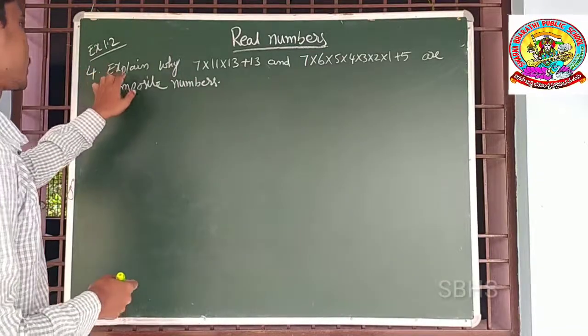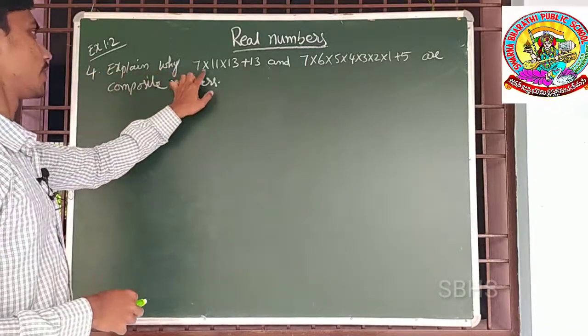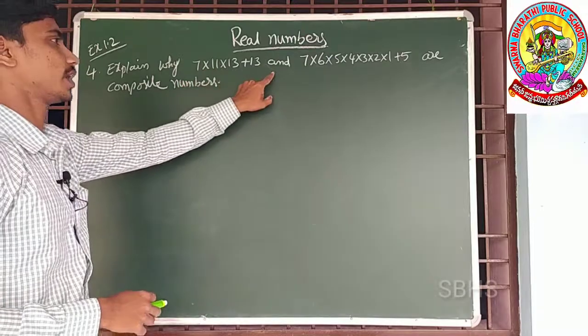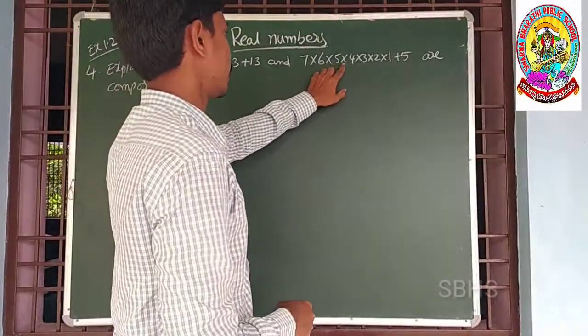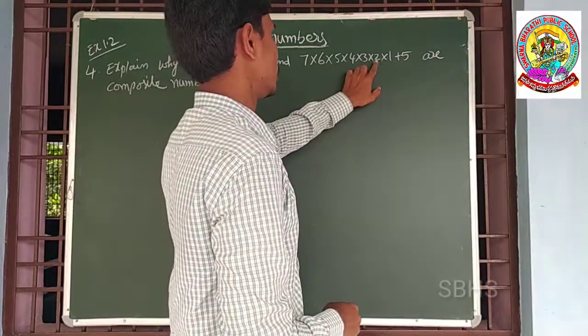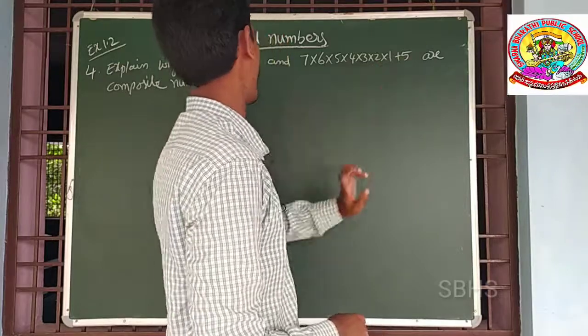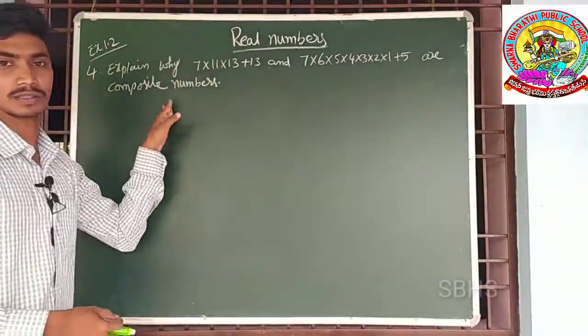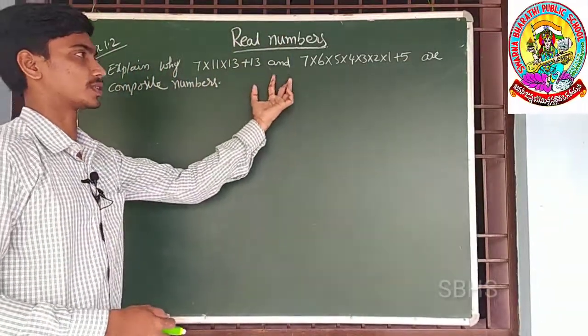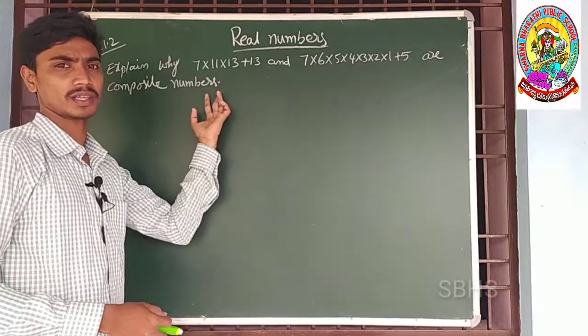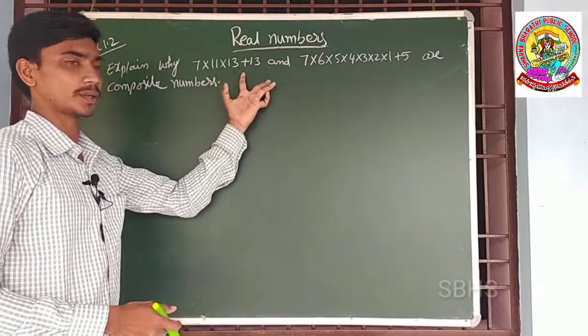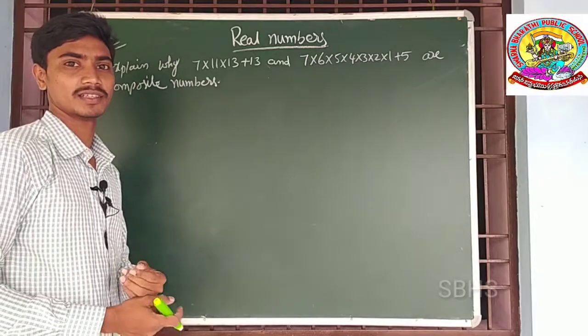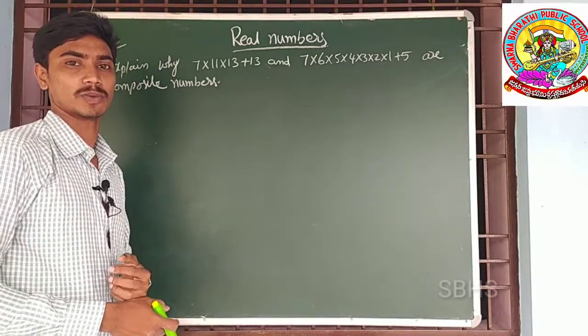Here the question is, explain why 7 into 11 into 13 plus 13 and 7 into 6 into 5 into 4 into 3 into 2 into 1 plus 5 are composite numbers. These two are composite numbers. Here he is saying, if these two are composite numbers, it has a product which must contain factors.